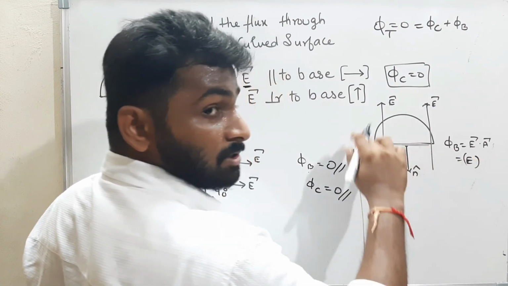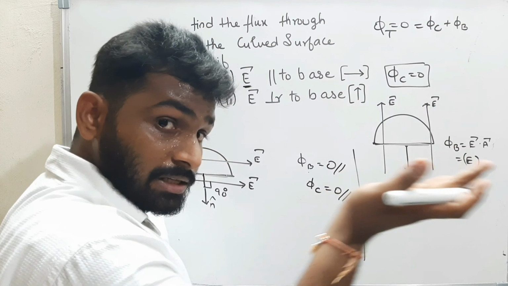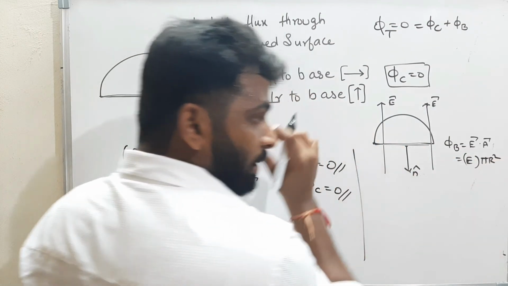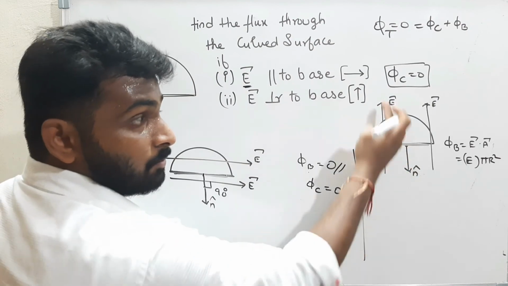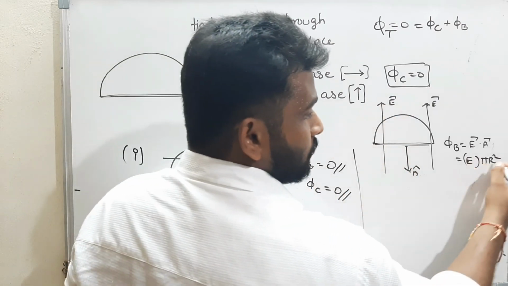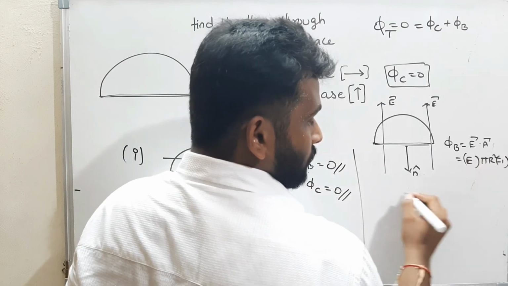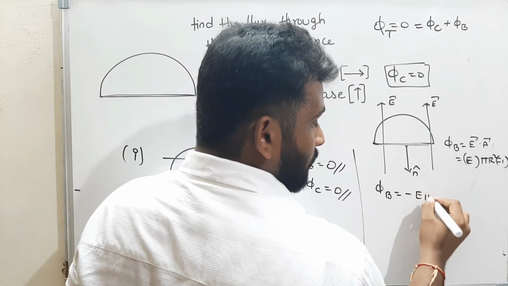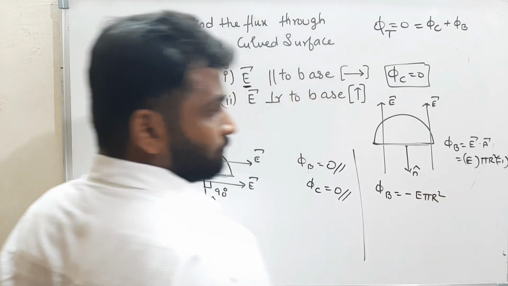It is a semi-spherical shell, so the area of the base is a circle, that means pi r square. What is the angle? The area vector is downwards, the electric field is upwards. Therefore the angle is 180, cos 180 is minus 1. Therefore, the flux through the base is minus E pi r square.